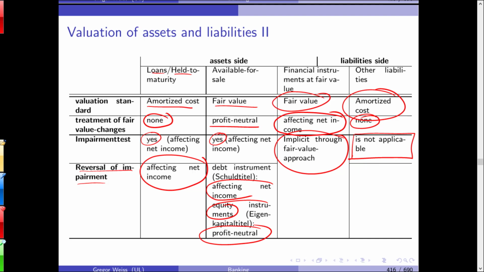Again, this reflects one difference between IFRS and German Commercial Code. The German Commercial Code is usually very pessimistic and very conservative, meaning that if it goes down, it stays low.